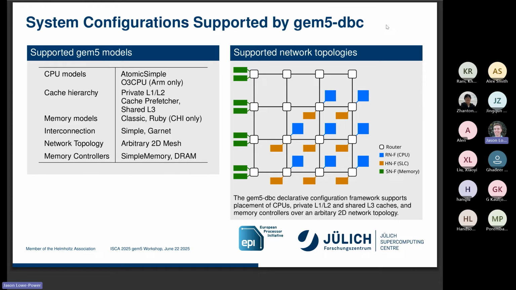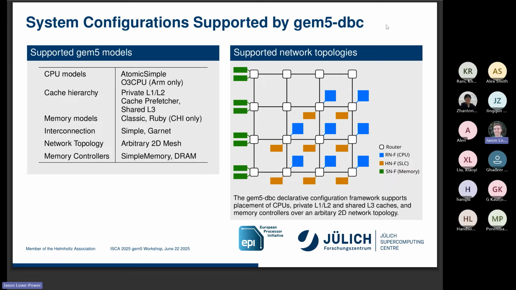Of course, by doing it this way, you give up some flexibility for ease of use. The framework cannot generate all possible configurations for you. Currently, we support atomic simple and out-of-order CPU models only for ARM.